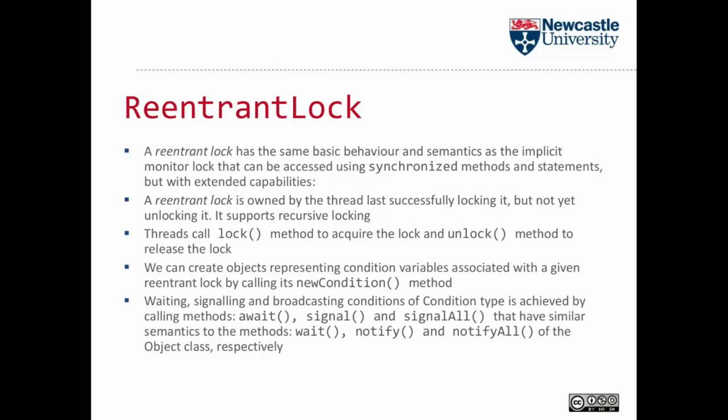That is the usual common mistake. So it's better that a monitor shall have only one lock, and then you have multiple waiting conditions. That is the way to structure this.